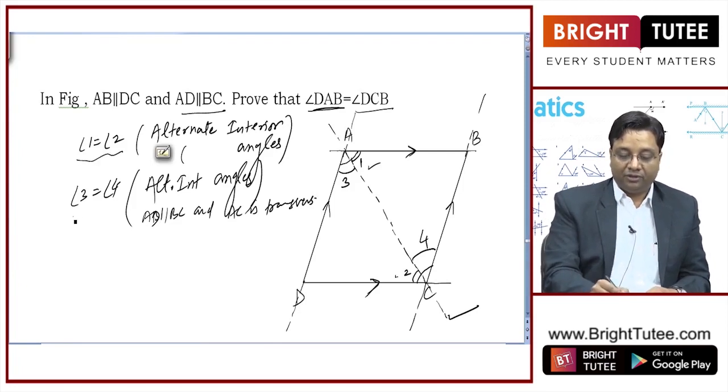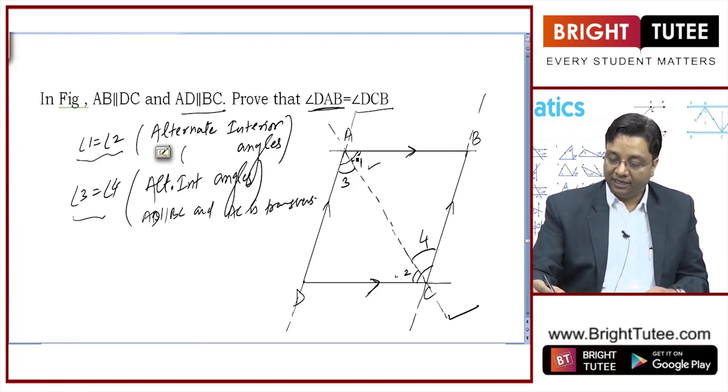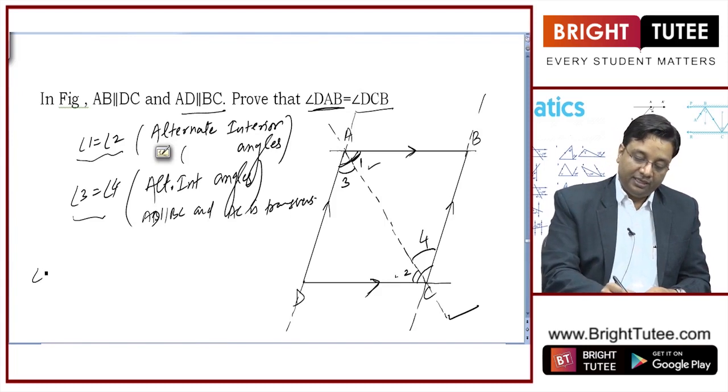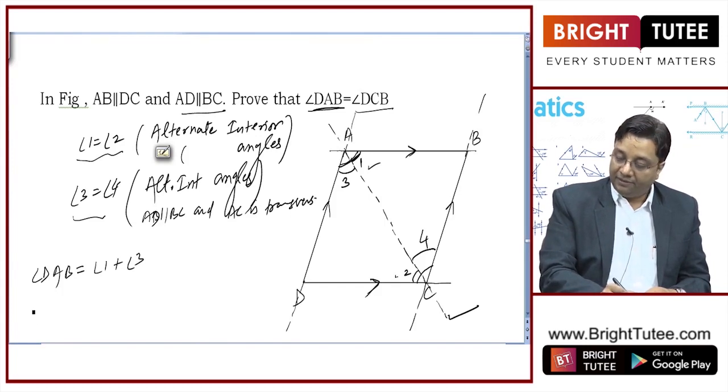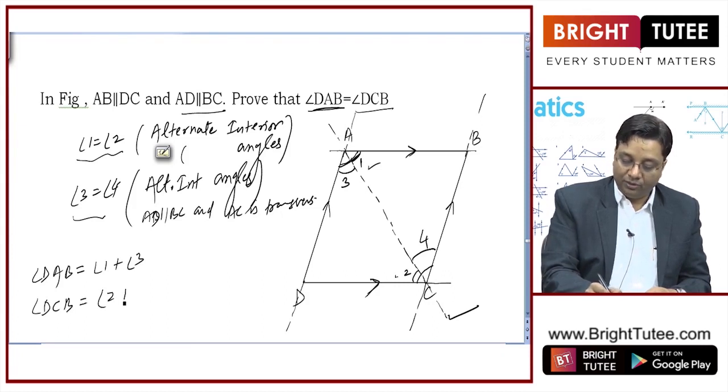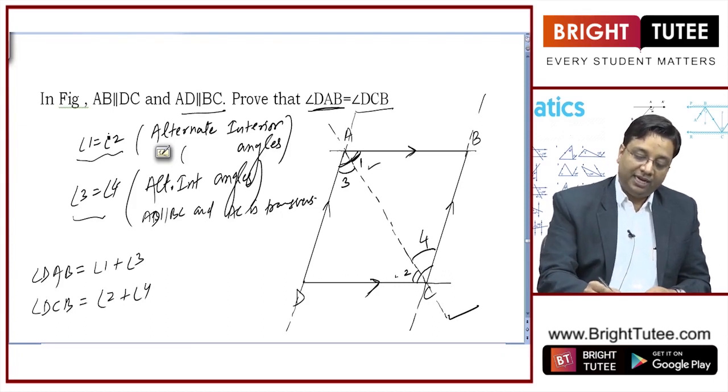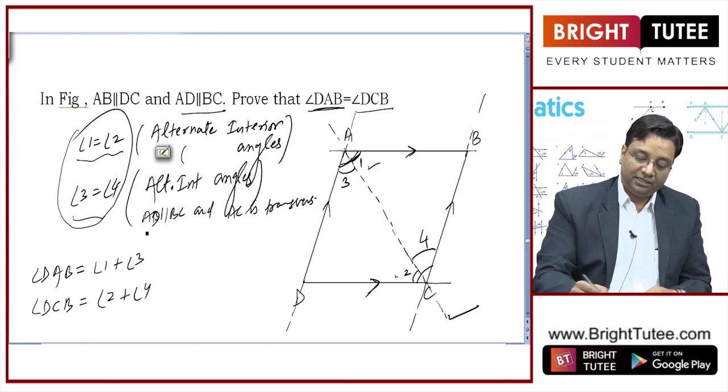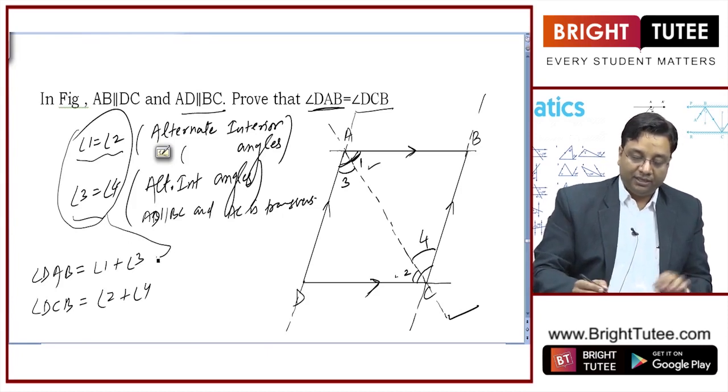So once I have got these, this angle DAB is just the sum of angle 1 and angle 3, and angle DCB is sum of angle 2 and angle 4. If you add these two equations, you will get just the desired result, right?